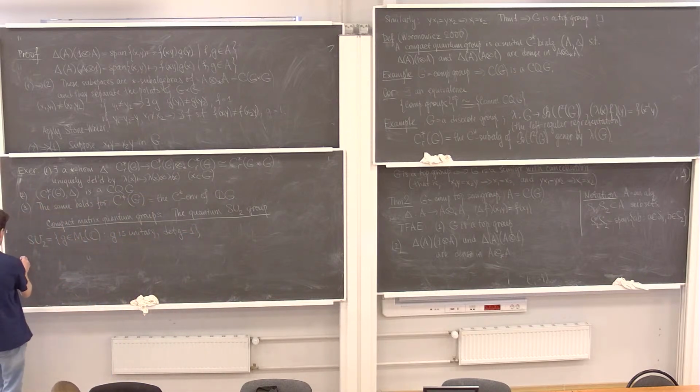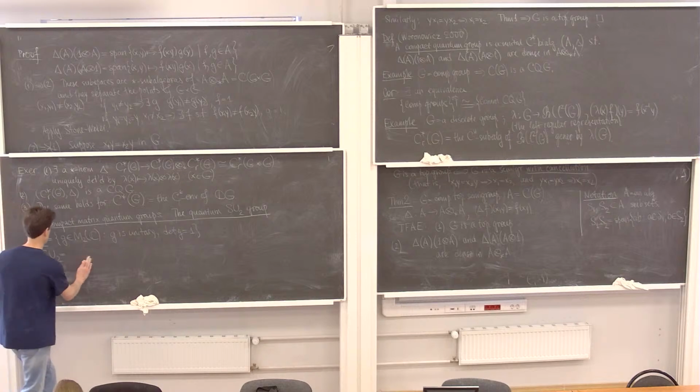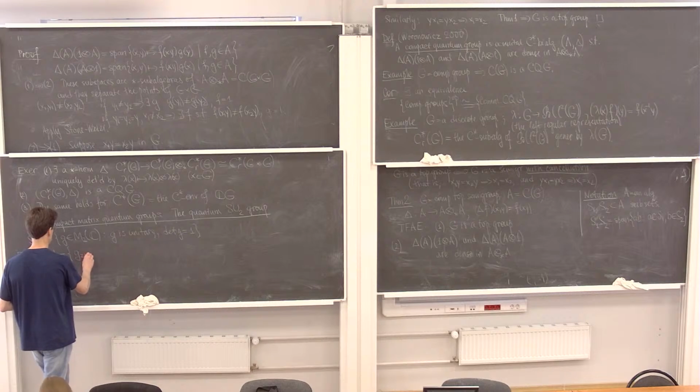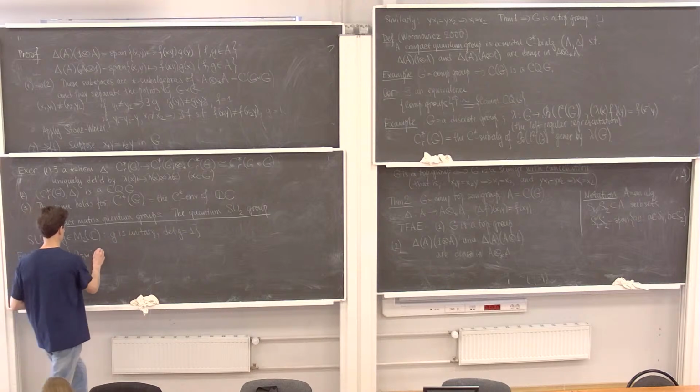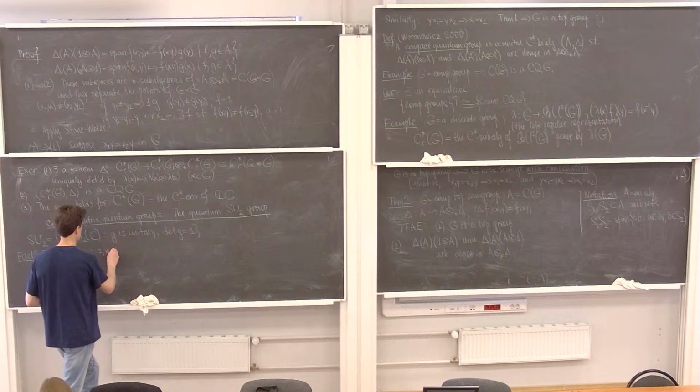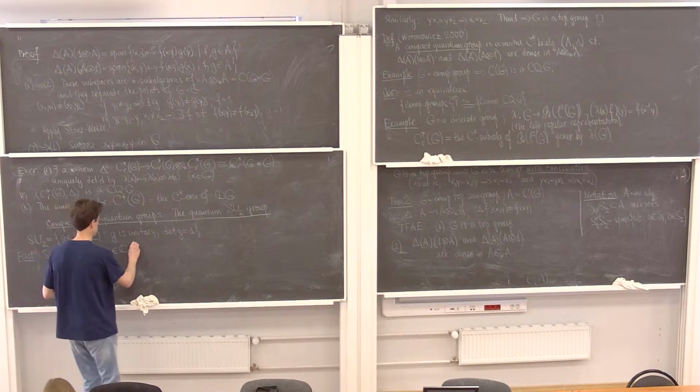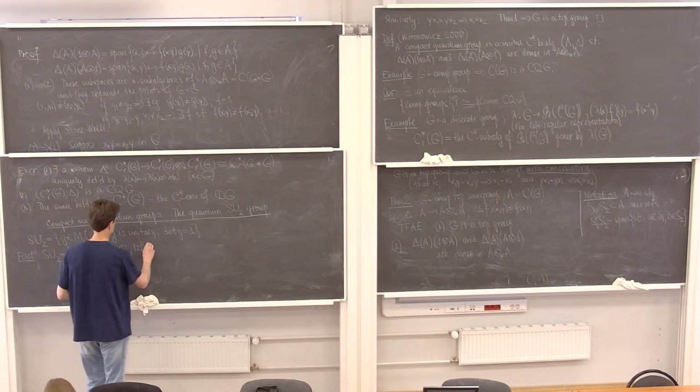And we will use the well-known fact that this group can be parameterized by two complex parameters, z and w, where z and w are complex numbers, such that they satisfy the following condition.